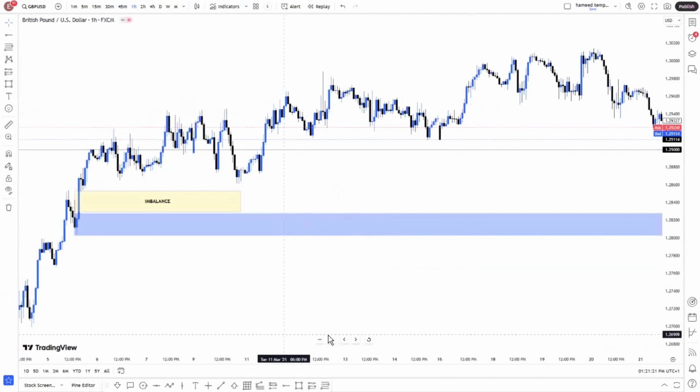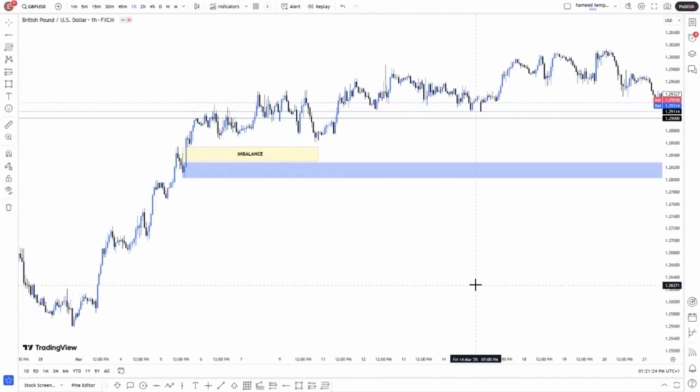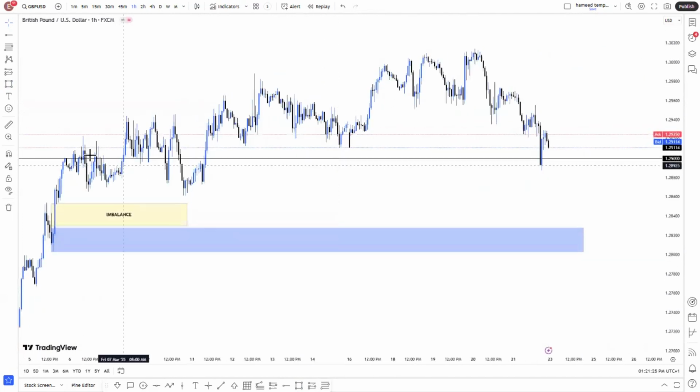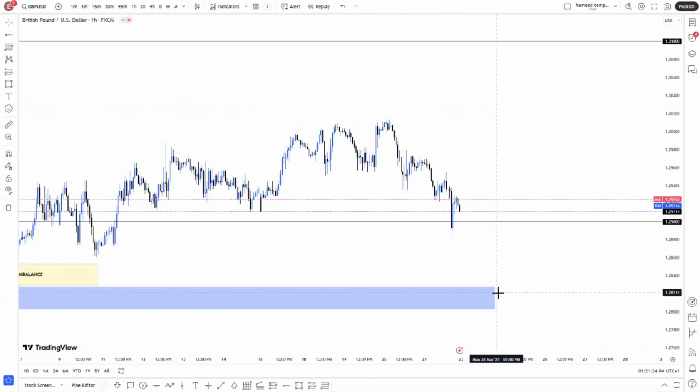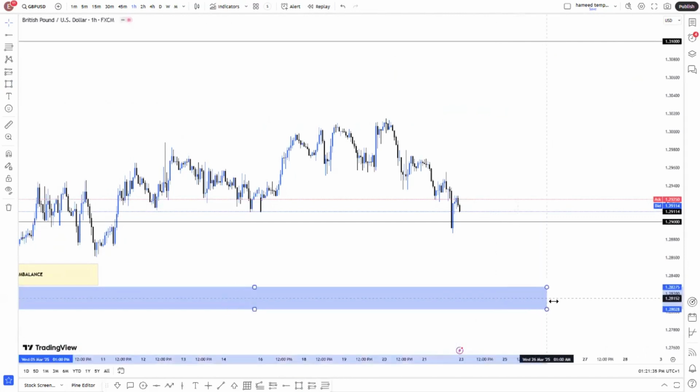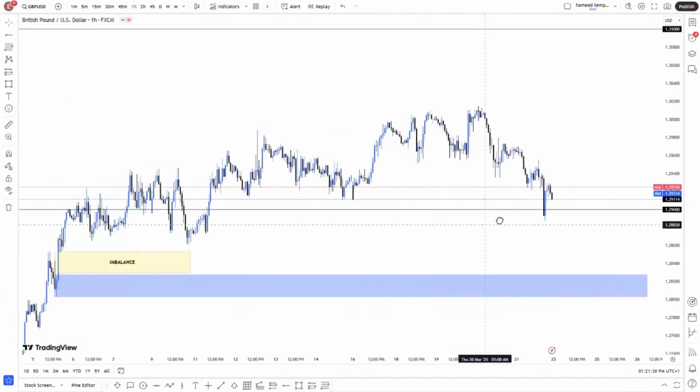So what should we be expecting the market to do? We're expecting the market to come down here and we move from there.